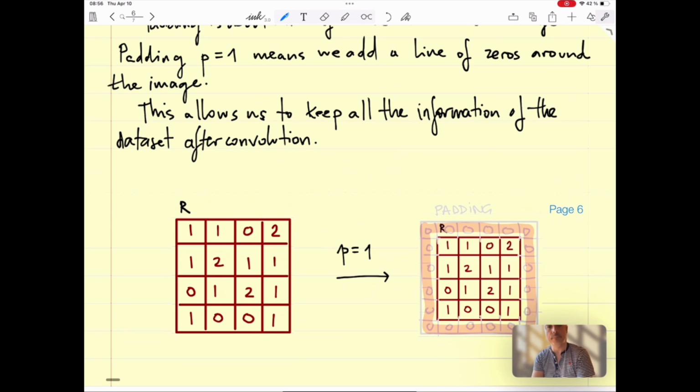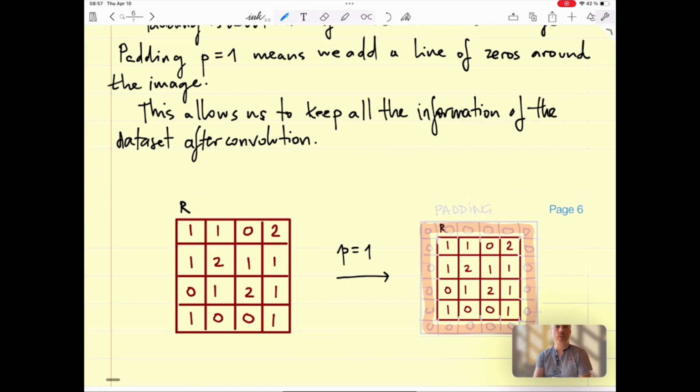Okay, so let's see how this works. Is this understandable that we add zeros around? Just put 0, 0, 0, 0, 0, 0, 0, just a line of zeros. It's like, you know, when you put a pretty picture on the wall, you put a frame, okay? The frame is not part of the picture, but it helps make the image prettier or highlighted, okay? That's pretty much like that. All right.